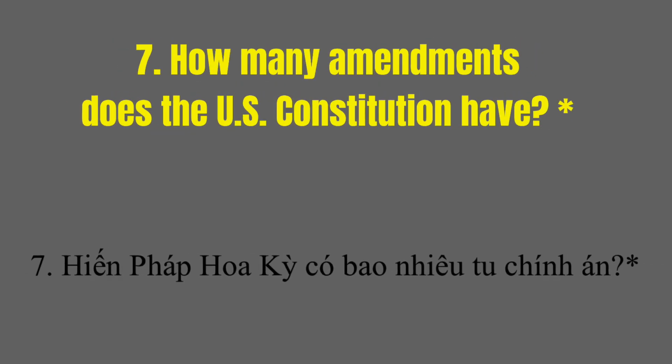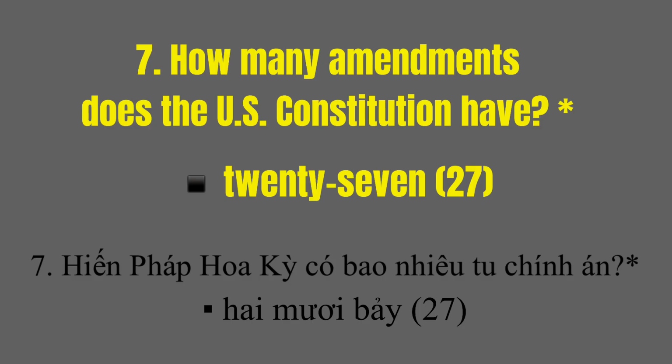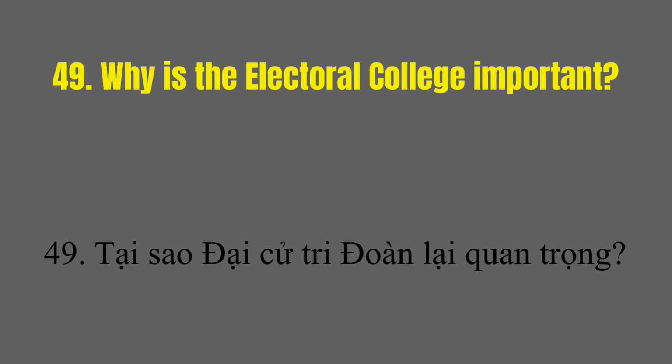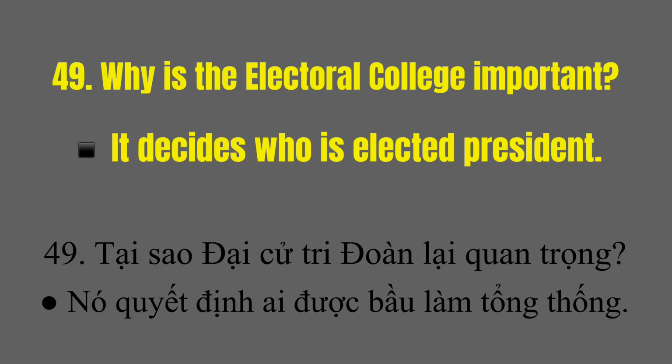How many amendments does the U.S. Constitution have? 27. Why is the Electoral College important? It decides who is elected president.